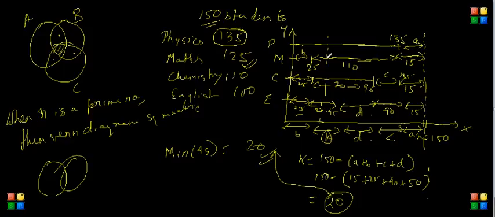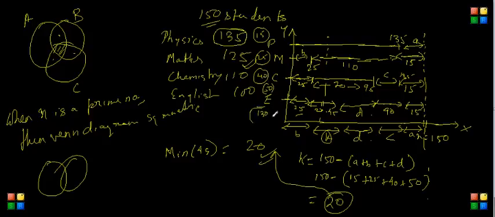And this happens to be the same as we found out earlier, right? Now what I am doing is I'm just subtracting each of the individual values from the total value. So if I subtract 135 from 150, I get 15. This gives me 25. If I subtract this from 150, I'm getting 40, and this I'm subtracting from 150, I'm getting 50. Now just add these up.